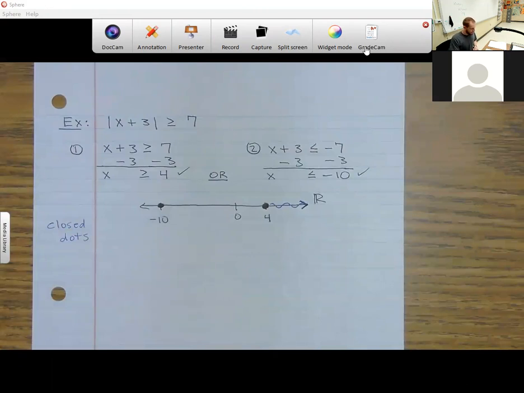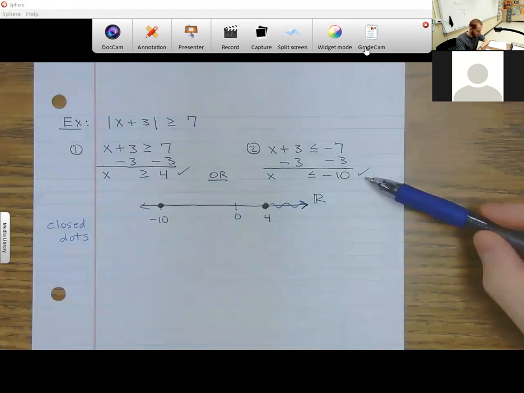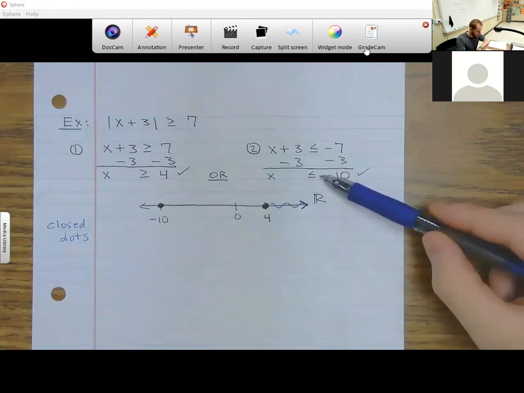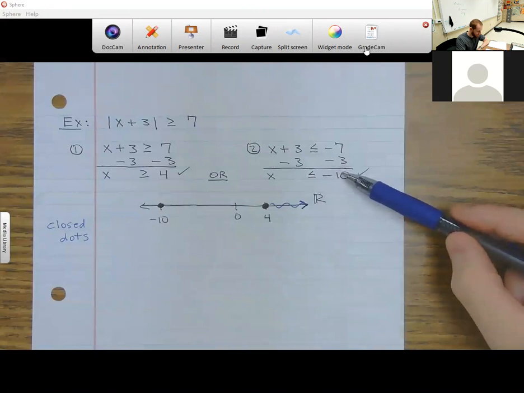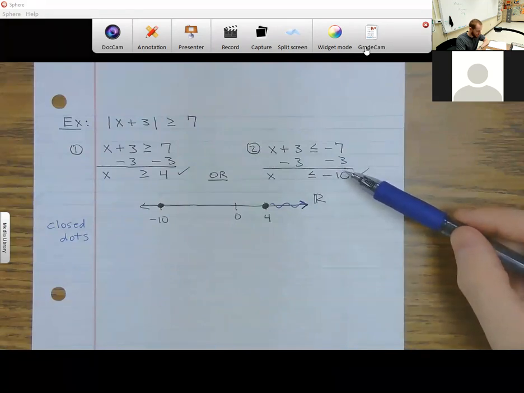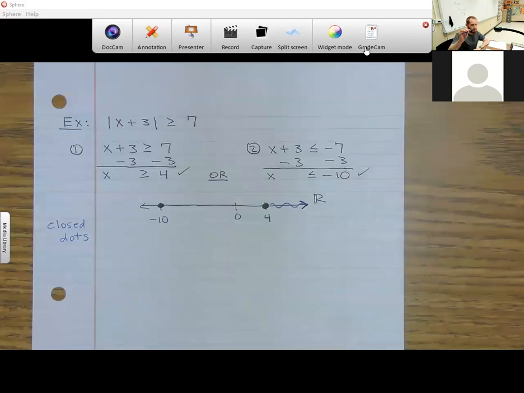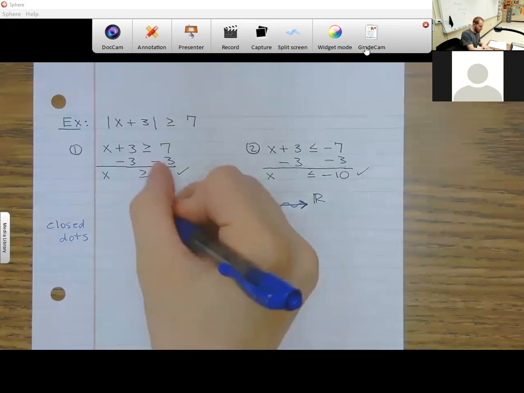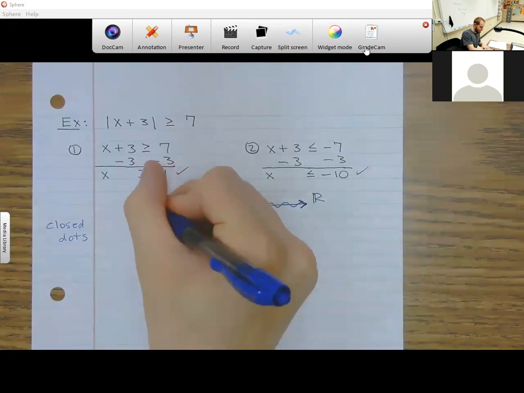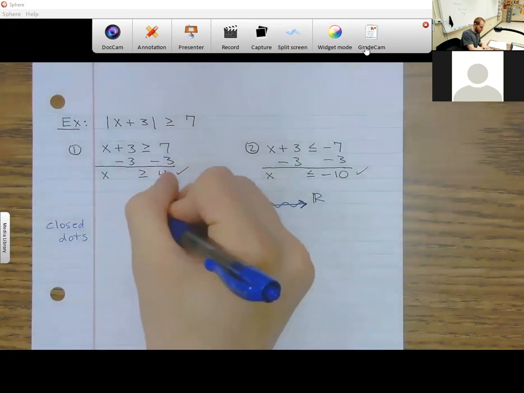Okay. Now for the -10. Which way are we shading for the -10? Let's talk about that. So what's my solution over here? X is less than or equal to -10. So any number that's less than -10 should be shaded. That means we're shading to the left, right? The left. So I'm going to shade from the left of -10. And then when I get to the end, I'm going to shade the left arrow.